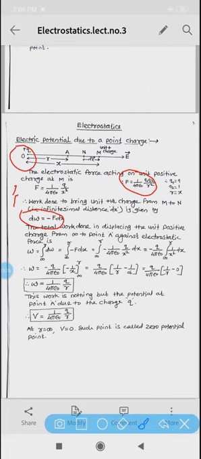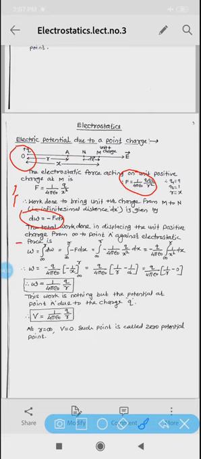Now, the total work done in displacing the unit positive charge from infinity to point A against the electrostatic force is given by W is equal to integration of dW, and the limits, because the charge moves from infinity to r, the upper limit is r and lower limit is infinity.